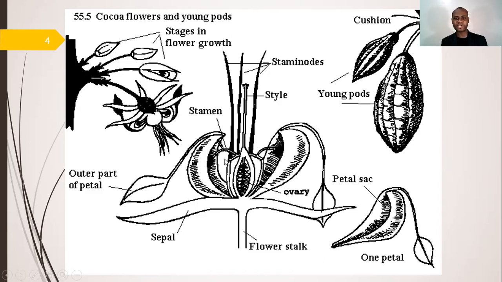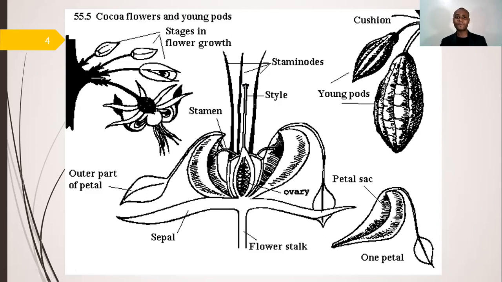So like I mentioned earlier, the pollen grains come from the male, the male is here, and then this is the female. Usually the structure of the flower makes it very or almost impossible for cacao to pollinate itself. Because the female structure is higher than the male structure, it's difficult for the pollen grains to rise from here and fall on the side over here.